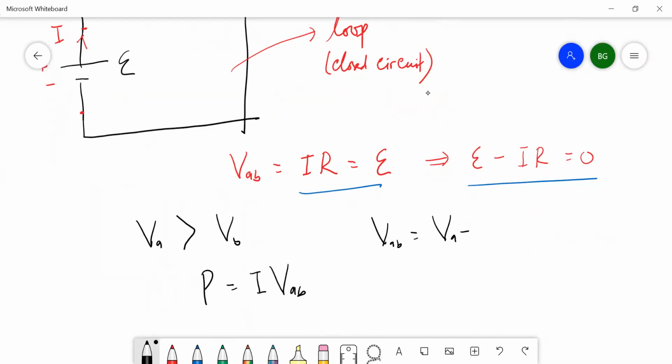Sorry, it's VA minus VB, so it should be positive. So this is the power loss.